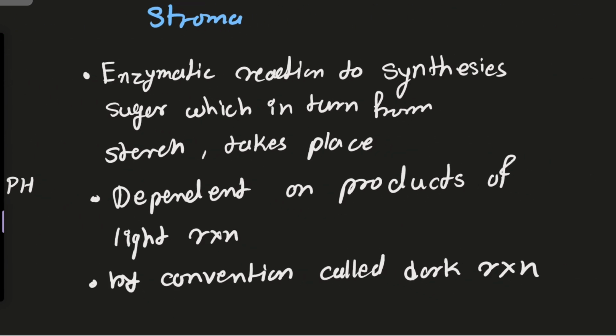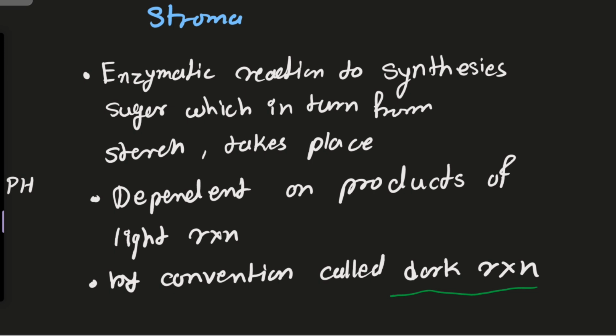Then stroma. What does the stroma do? The enzymatic reaction to synthesize sugar, which in turn forms starch, takes place in the stroma. It depends on the products of the light reaction, that is ATP and NADPH. By convention, it is called the dark reaction. This is only for conventional purposes.